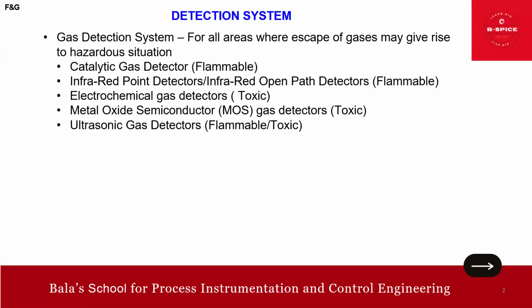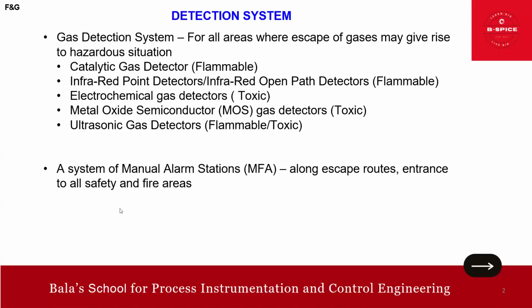Okay, that's it. So additional to that, we will talk about the manual alarm station. We call it an MAS. This will be installed along escape routes, at entrances to all safety and fire areas. You would have seen this manual alarm station. I'll talk about the functionality, how it works.